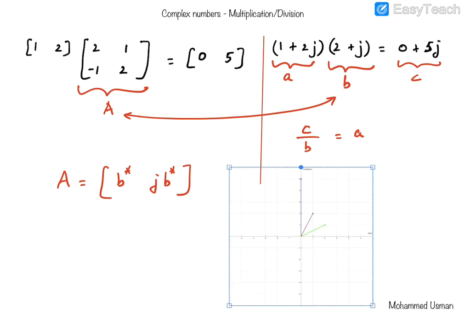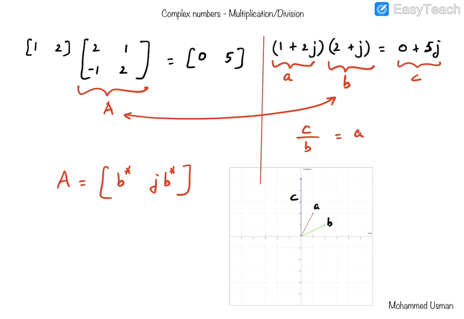So basically what we're saying here is that the vector c is this complex number, that's c, and 2 plus j is our b. So if we call this b, c by b should give us back a.